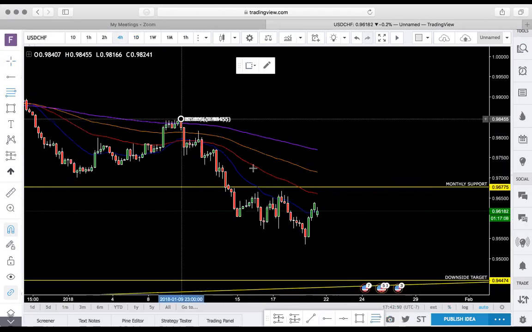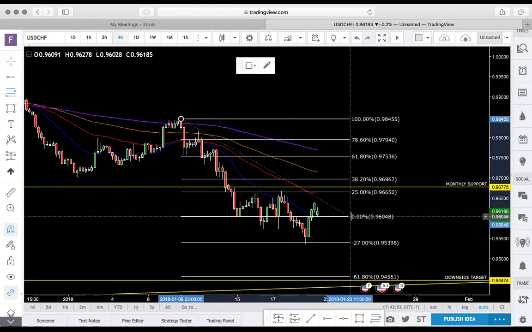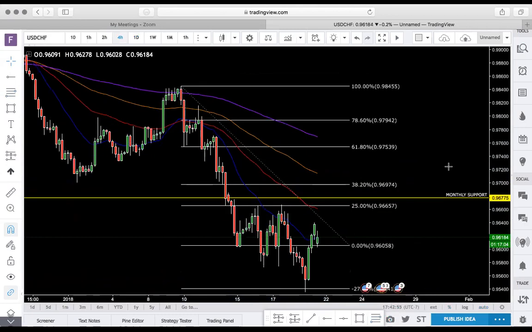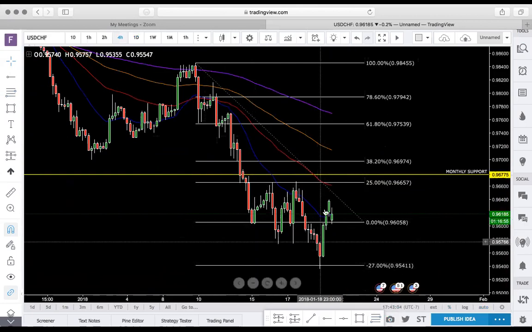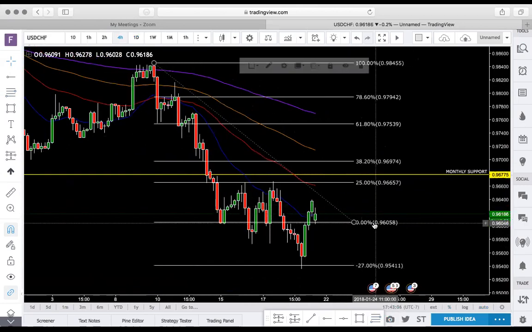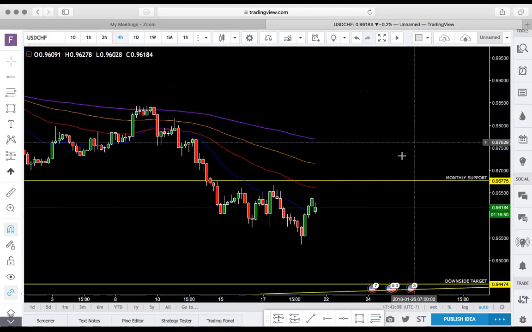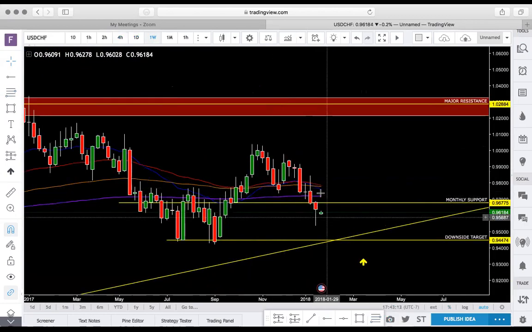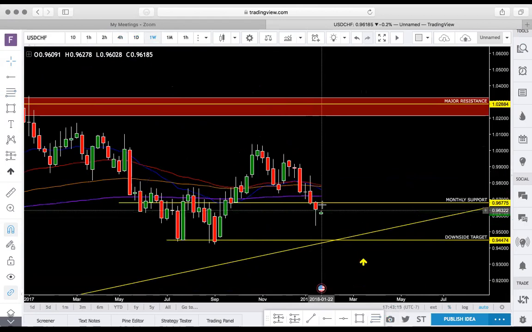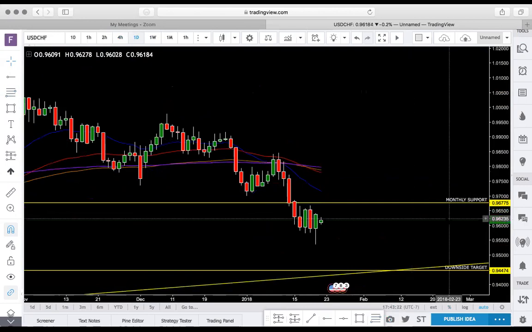Or from this high to this low. Right there. So when you connect this pivot high to this pivot low, the 27 extension became support, and we did bounce off of that. So yes, I mean, we could go higher on that, but keep an eye on it. I still say on the weekly we're closing right below the moving averages, but yeah, it could go up and test it, but just keep an eye on that. Is what I'm looking at for dollar franc, the Swiss franc.